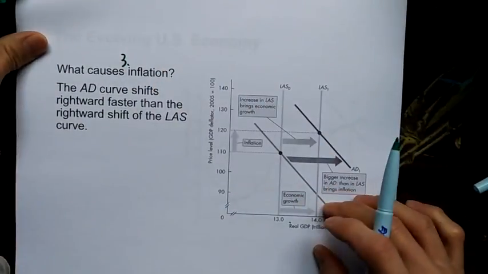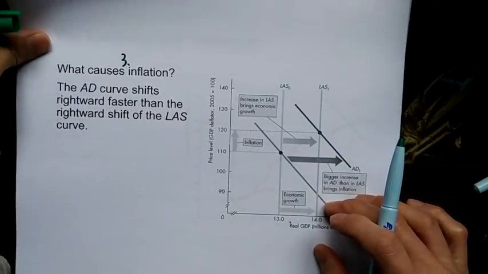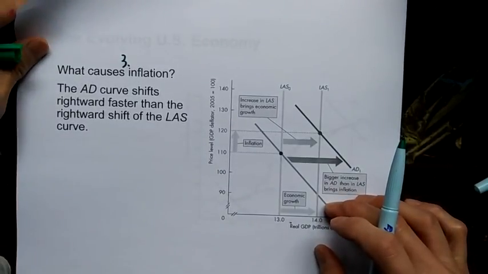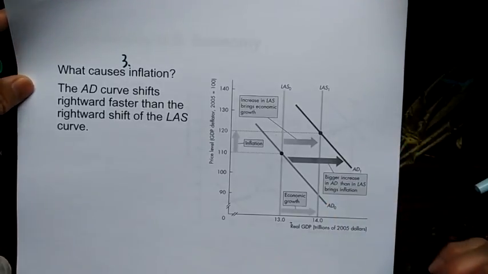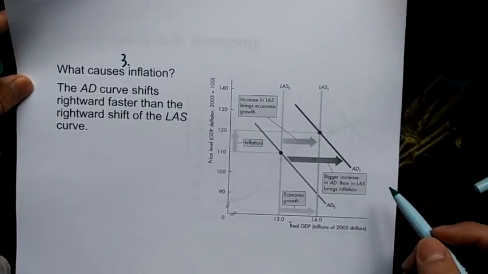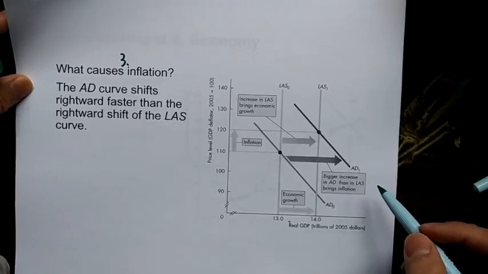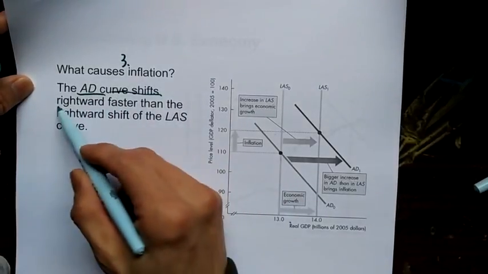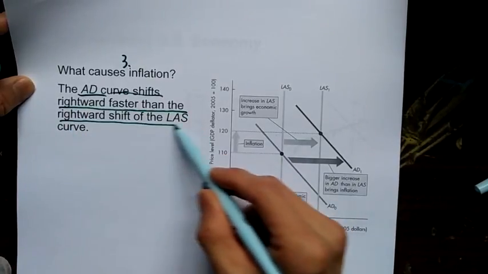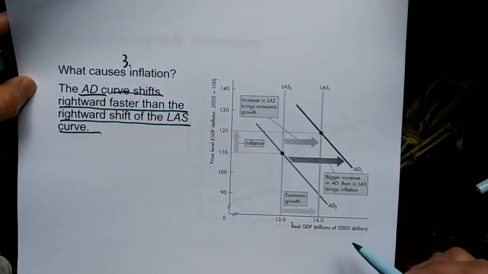Number three, we can also see inflation in the aggregate demand, aggregate supply diagram. So what causes inflation? The answer is when the aggregate demand curve shifts rightwards faster than the rightward shift of the long-run aggregate supply curve.